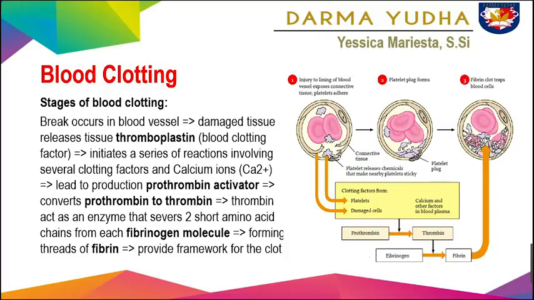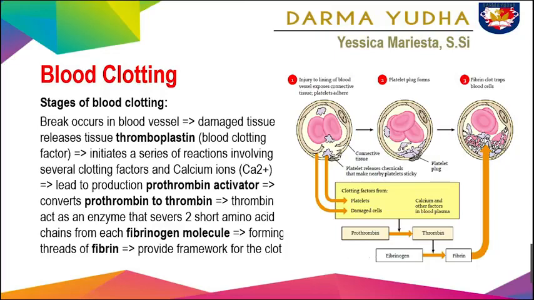When a break occurs in a blood vessel, the damaged tissue will release thromboplastin, which is a blood clotting factor, and this initiates a series of reactions involving several clotting factors and calcium ions, which leads to the production of prothrombin activator.